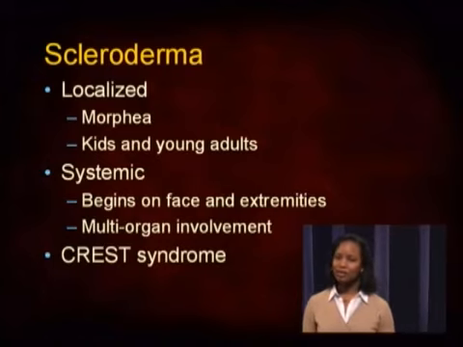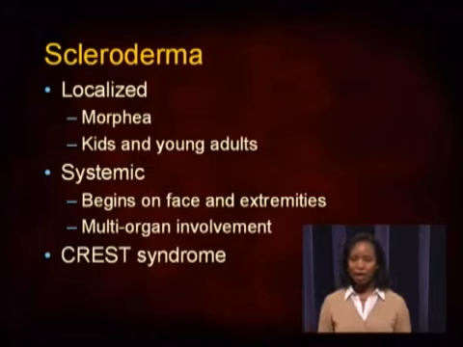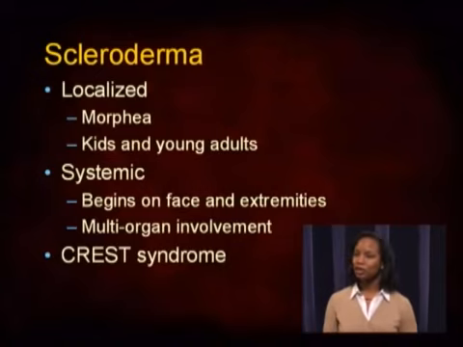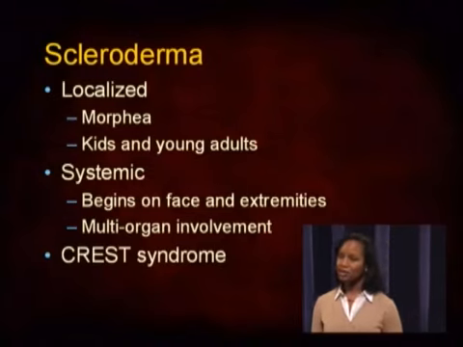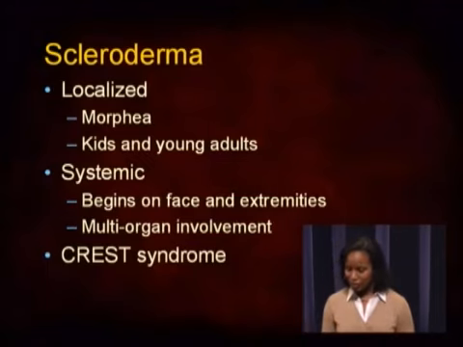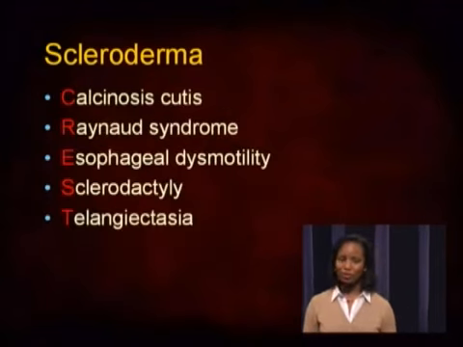And that's in contrast to systemic scleroderma, which begins on the face and extremities, but also has internal involvement where patients can have a number of different internal problems, including lung disease and also esophageal dysmotility. And then CREST syndrome, which you remember is an acronym that stands for several different things that we'll review here.